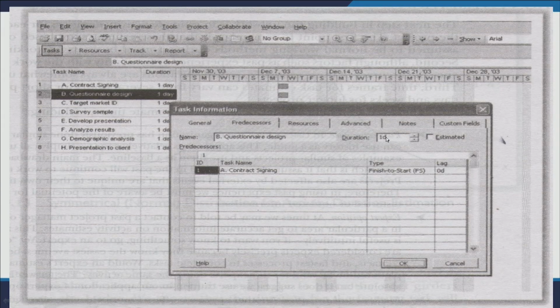So, you can give ID number 1 for contract signing, ID number 2 for questionnaire design, and you need to also mention the relationship between these two. So, the relationship is finish to start. You cannot start questionnaire design unless and until you complete contract signing. So, you need to give the type of relationship, in this case finish to start.